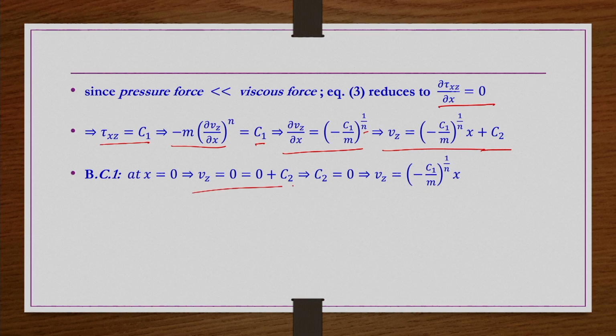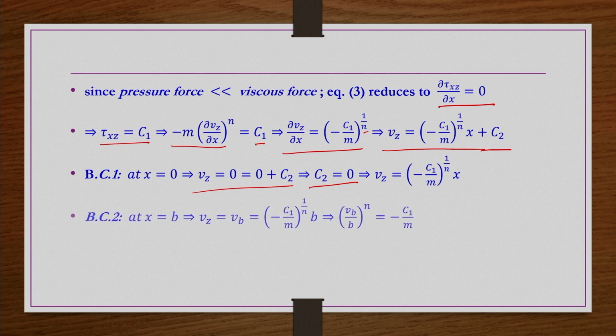So, at x is equals to 0, Vz is 0. So, C2 you are getting 0, that means Vz is equals to minus C1 by m whole power 1 by n x. C2 is 0 anyway. Now, apply the second boundary condition: at x is equals to b, Vz is equals to Vb, and that should be equals to minus C1 by m whole power 1 by n times b in place of x.